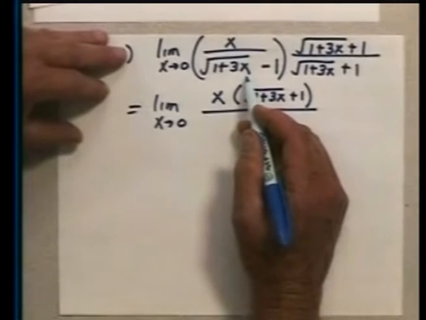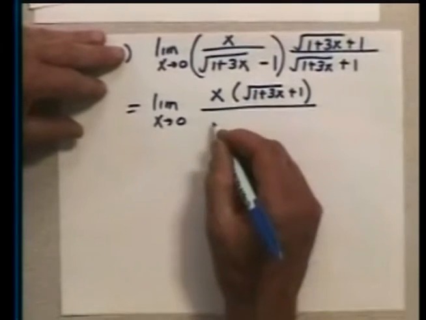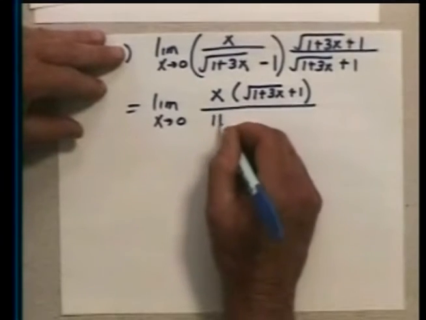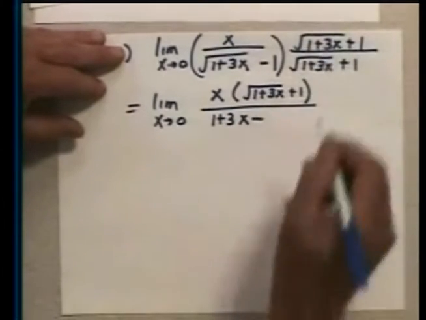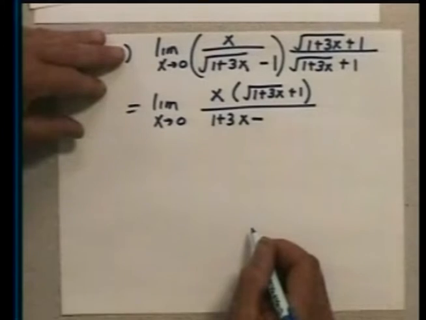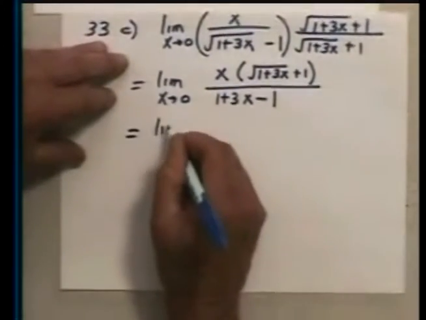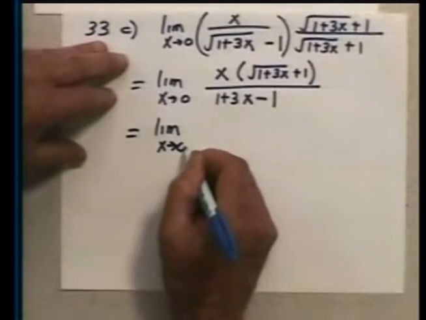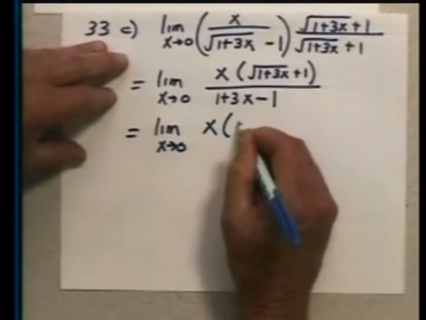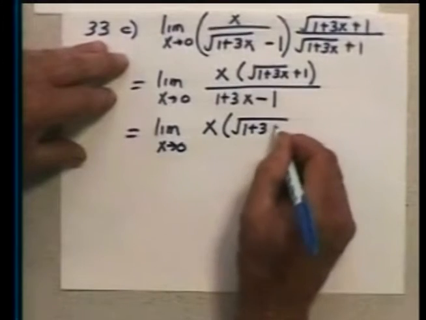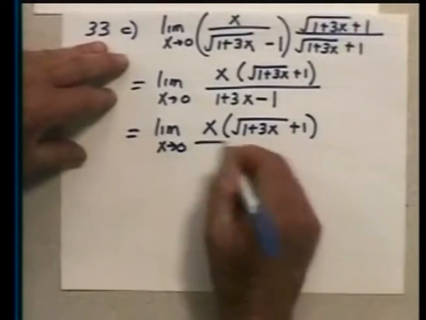What's the square of the square root of 1 plus 3x? 1 plus 3x. Minus the square of 1. And things are looking just wonderful because I have x times the quantity square root of 1 plus 3x plus 1 all over what?